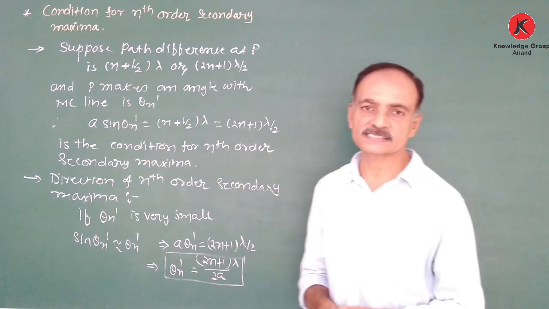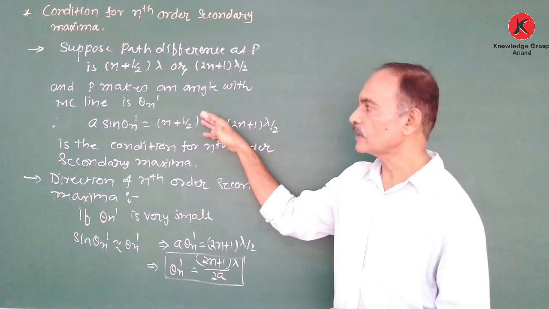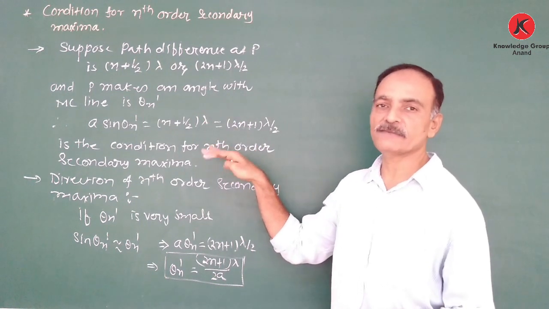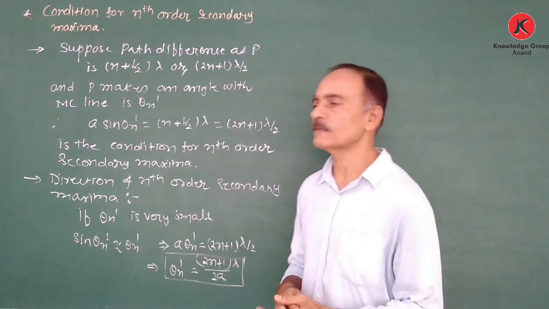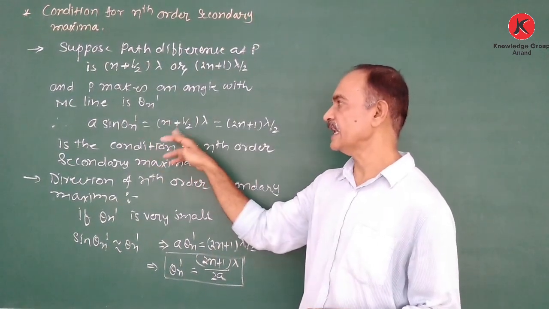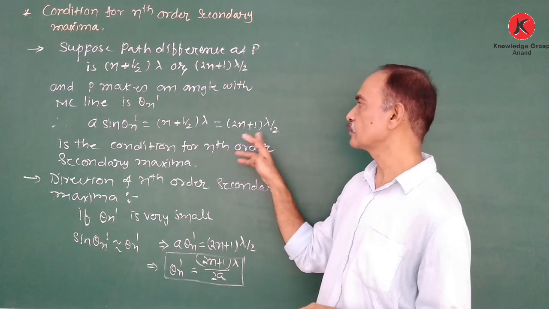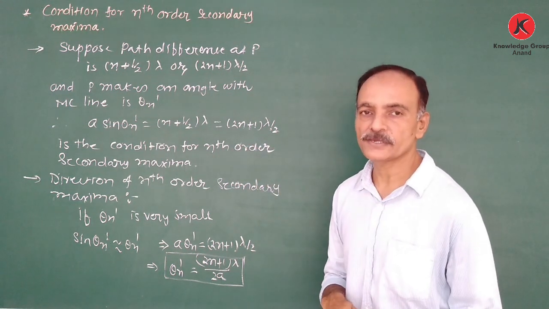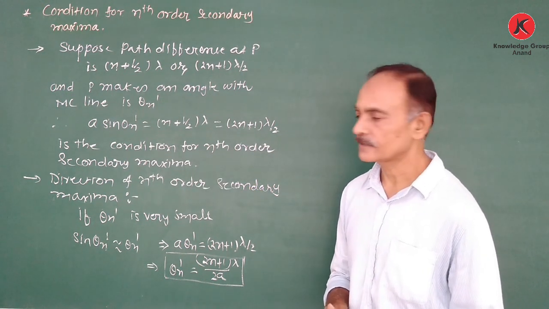Already we discussed the condition for first order and second order secondary maxima. So similarly, for nth order secondary maxima, a sin theta n dash is equal to n plus 1 by 2 lambda, which is 2n plus 1 into lambda by 2. This is the condition for nth order secondary maxima.